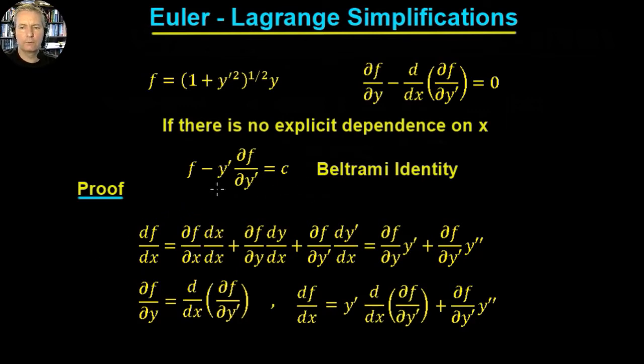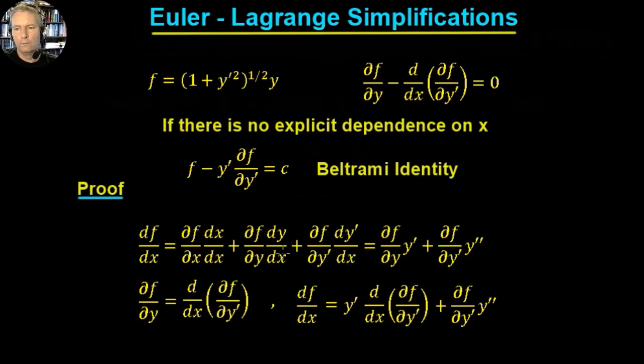So first of all, our functional here is a function of x, y and y derivative, and y is a function of x and the y derivative is also a function of x. So when we differentiate this functional with respect to x, we've got to use the chain rule. So we'll have partial f by partial x times dx by dx, plus partial f by partial y times dy by dx, plus partial f by partial y derivative times y derivative by dx.